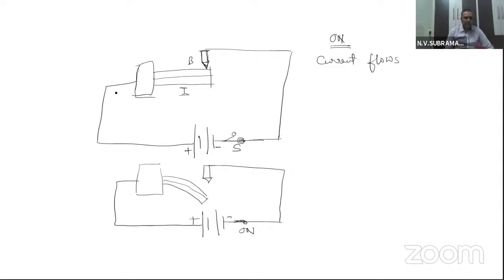And the heating element does not receive the current. So in your iron box, you might have seen the red light automatically goes off, which means that the current supply has been cut off automatically. So that means that the iron box has reached the required temperature.